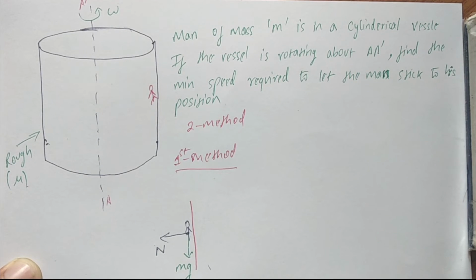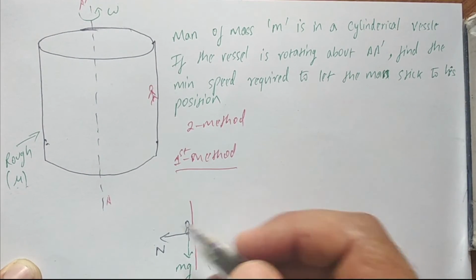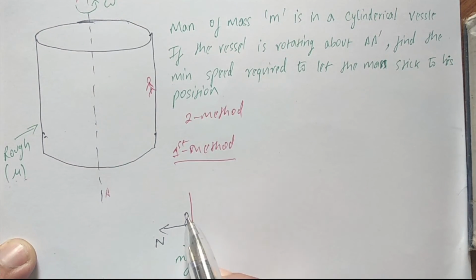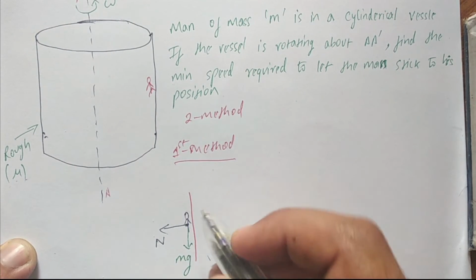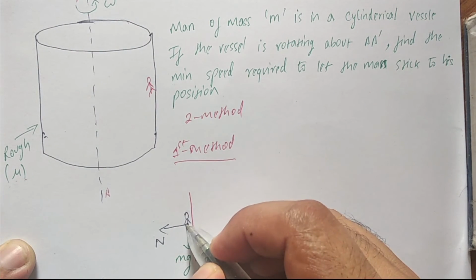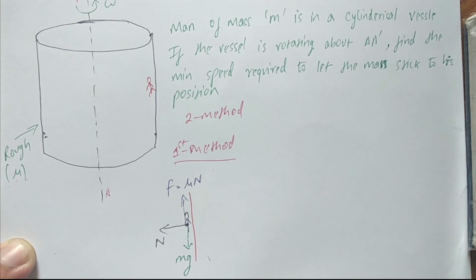Due to the roughness of the cylindrical vessel, there is a frictional force acting upward, because the person will try to fall downward. So the frictional force will act in the upward direction, which is nothing but mu n.